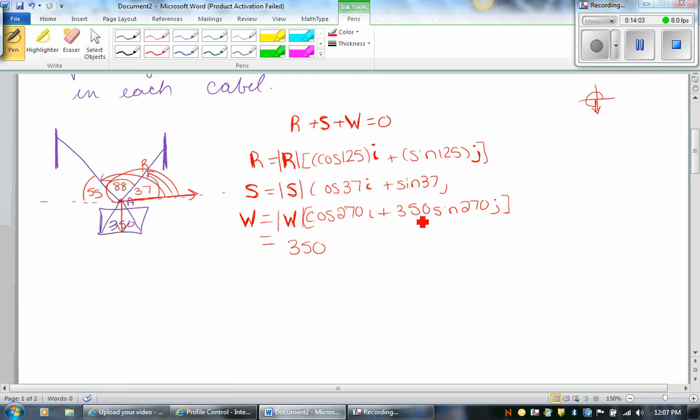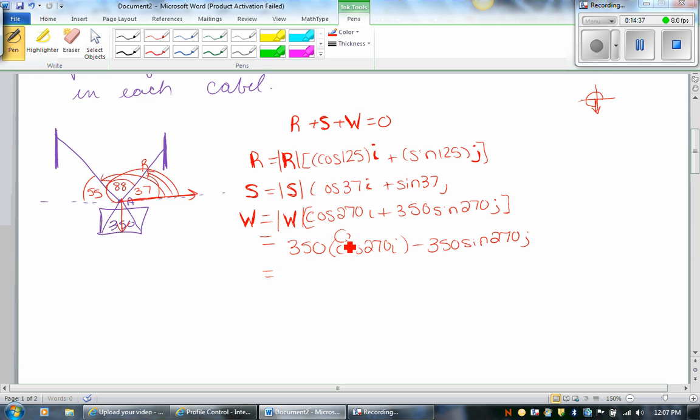And then 350 sine of 270. So I'm multiplying the magnitude of that force through.